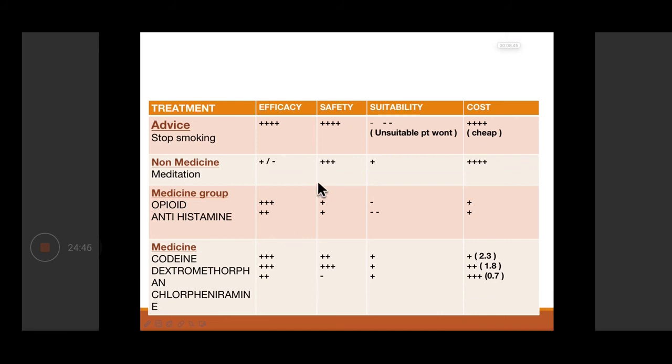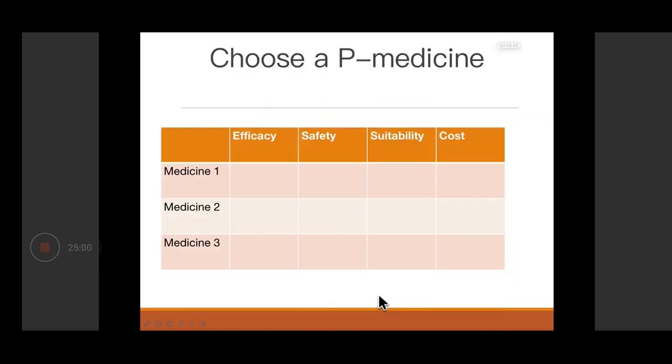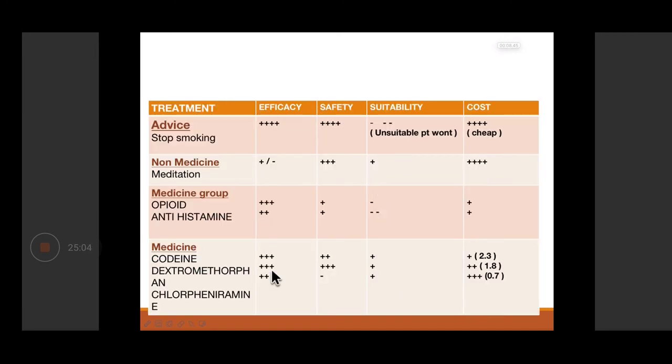First of all, you have to score efficacy, safety, suitability, and cost for each illness. And among the efficacy, you have to score what each of these individual drugs is going to get. Then from all the results, you select your P medicine.